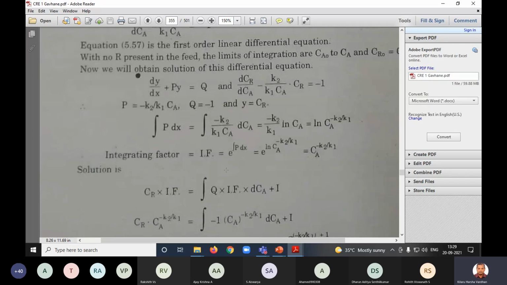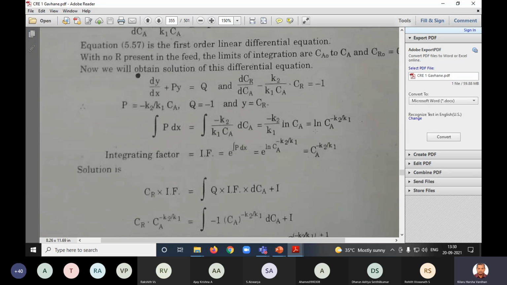And if you find the integration factor, because any differential equation solution will have a complementary function and an integration factor, or the general solution. The integration factor is nothing but the exponential of the integral of p dx.